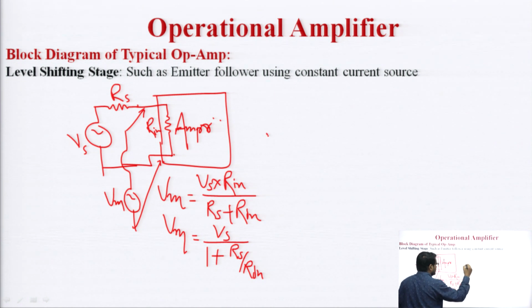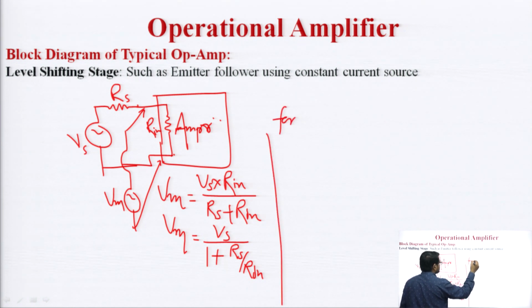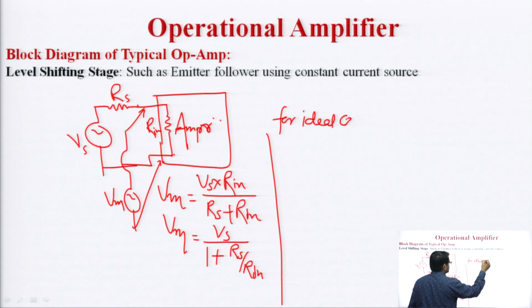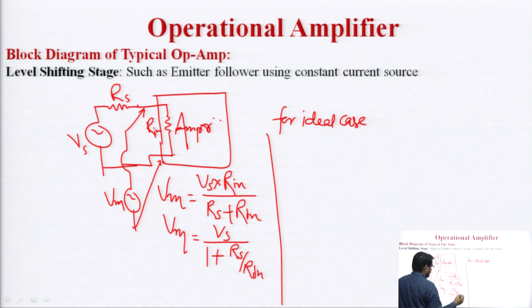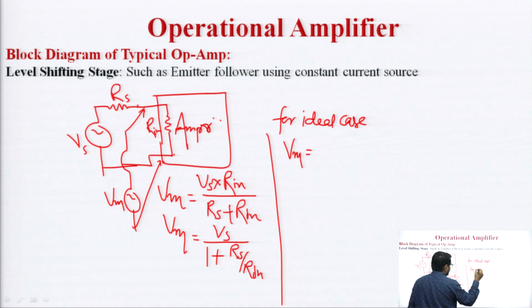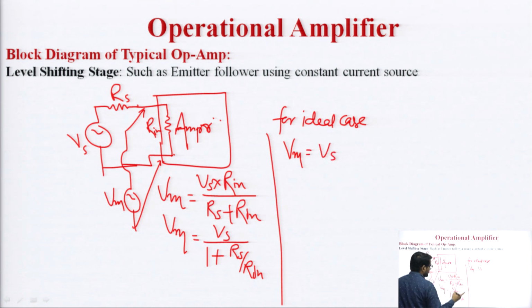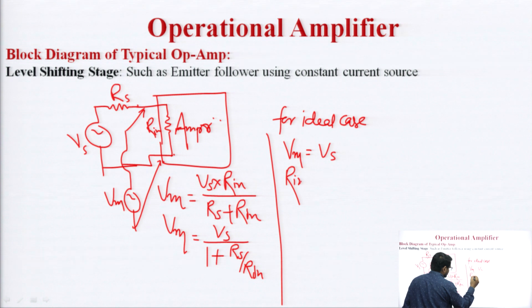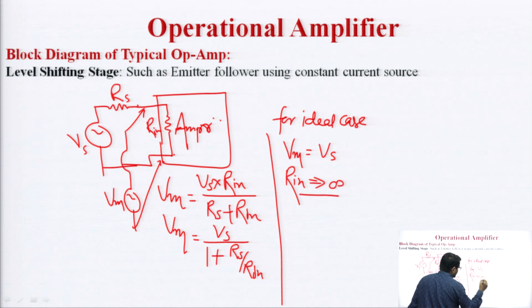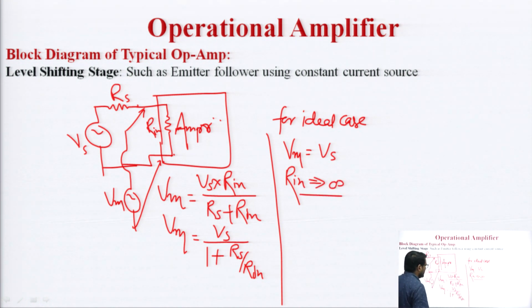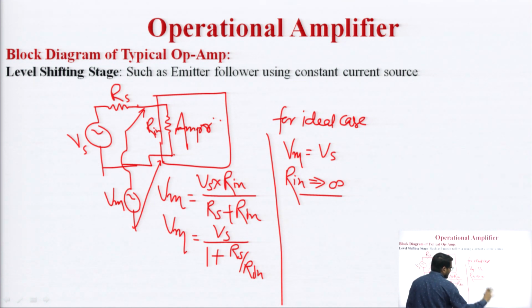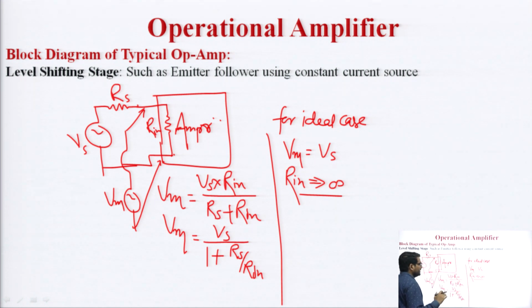For the ideal case, Vm should be equal to Vs, and for this we put Rin tending to infinity. This mechanism is defined as the loading effect. Loading effect occurs when Rin has some finite value; if Rin has a high value, then the loading effect will be neglected. This is the concept of loading effect.